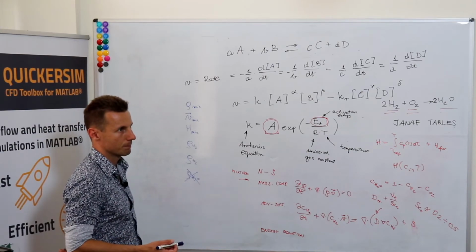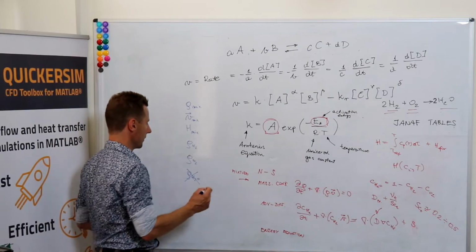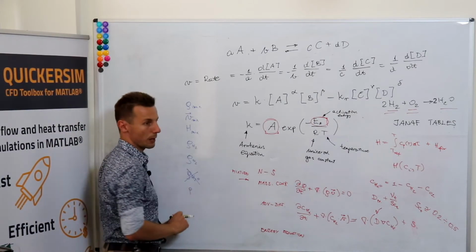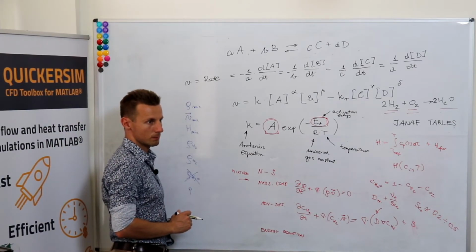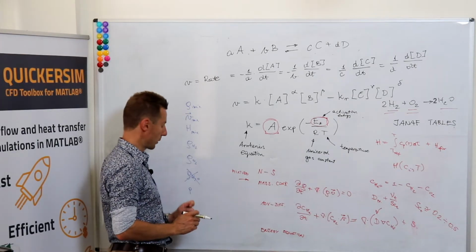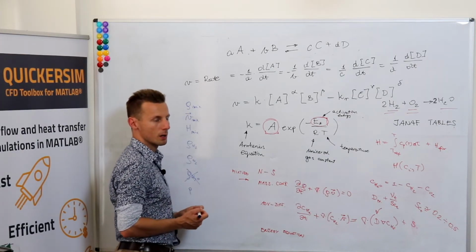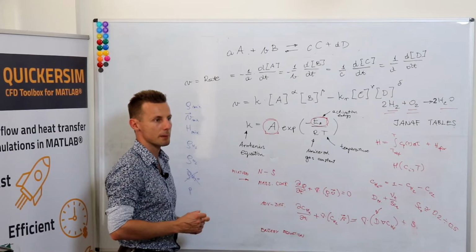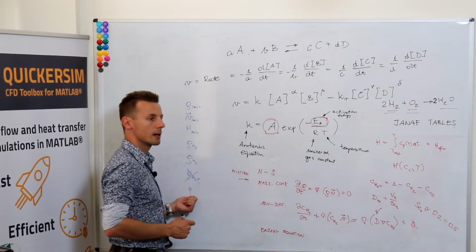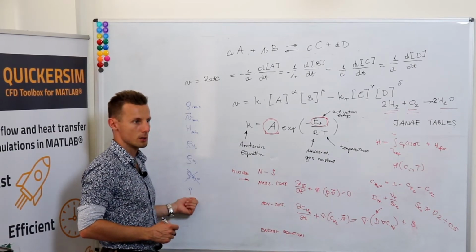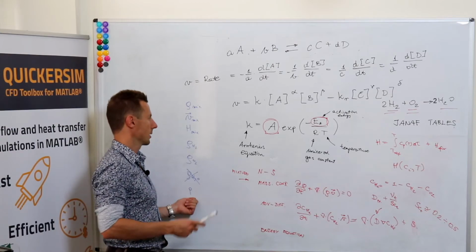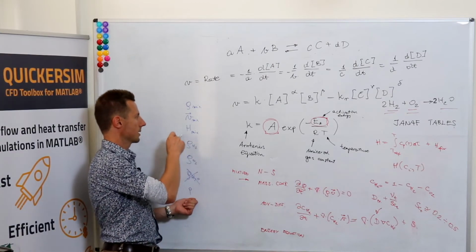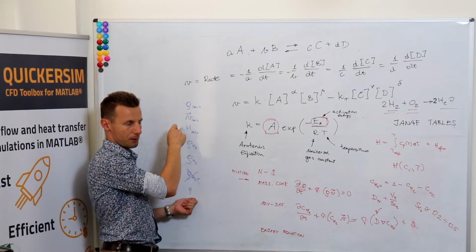Well, okay. One more thing, sorry. Pressure. Pressure will be one more variable in the system because you need to add the ideal gas law to associate densities with enthalpy.